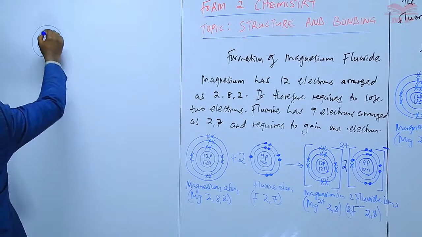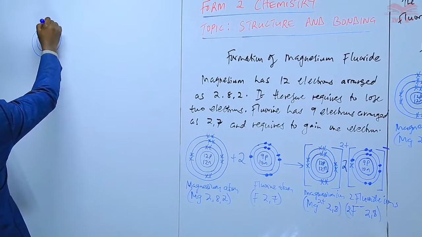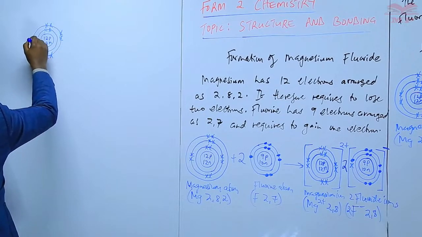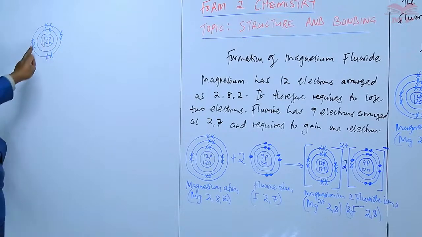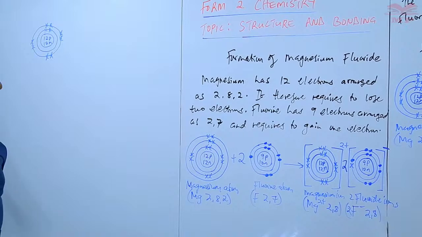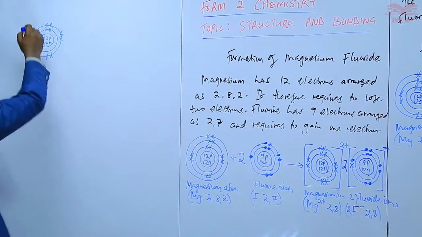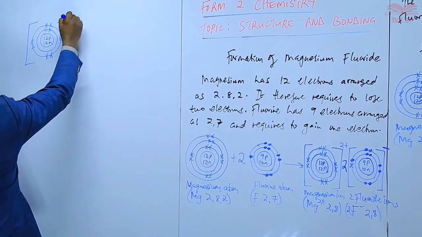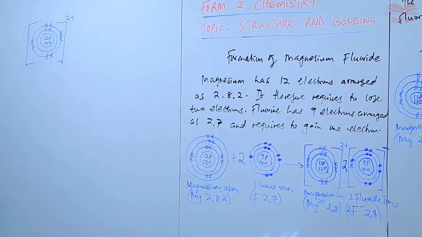So these will be 1, 2. We usually put the electrons in pairs unless it is 1. So that is 2, 8 for magnesium after losing 2 electrons. So after losing 2, it acquires 2 positive charge.